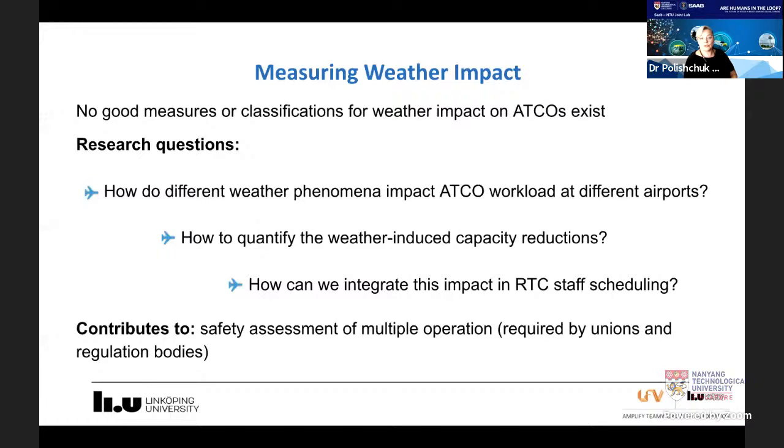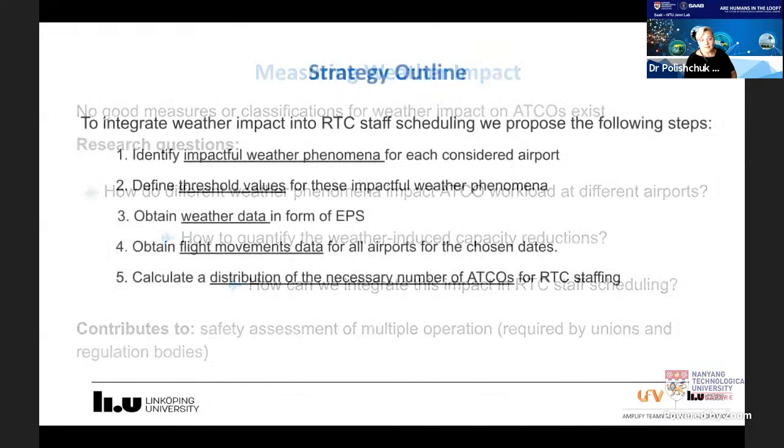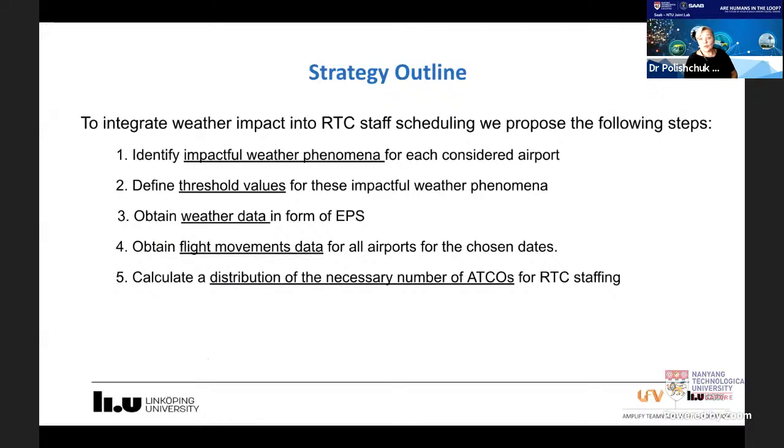So our research questions are how different weather phenomena impact controllers' workload, how to quantify this impact, and how to integrate this impact into our RTC staff scheduling, which will definitely contribute to the safety assessment of multiple operations in the future. We proposed a very simple first strategy to address this question.